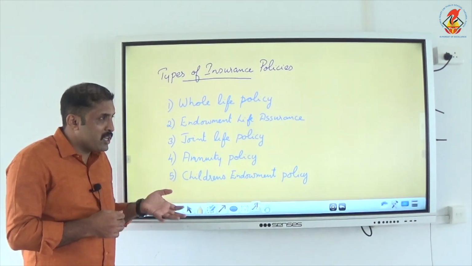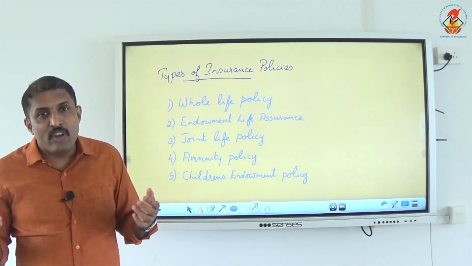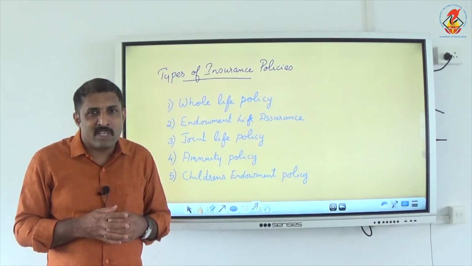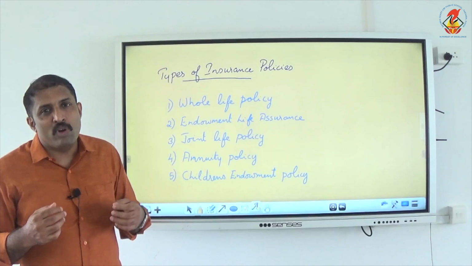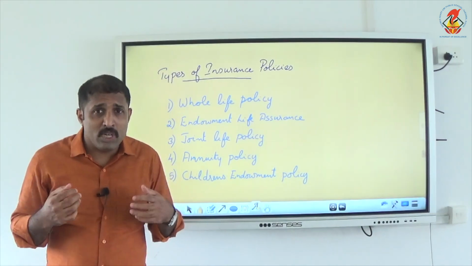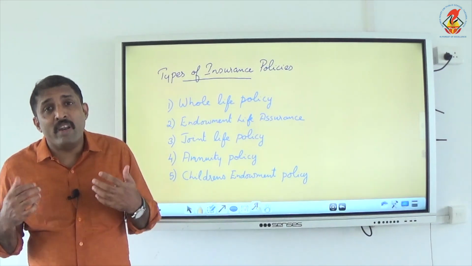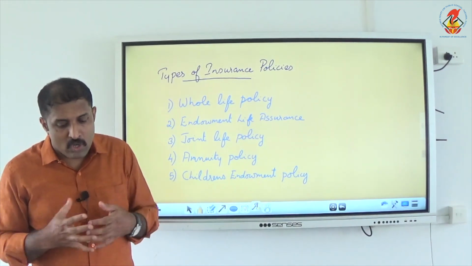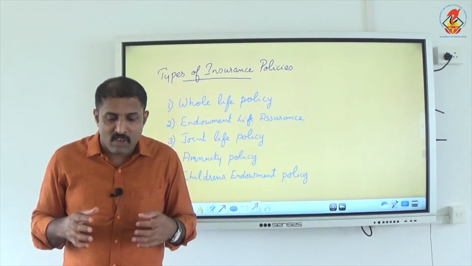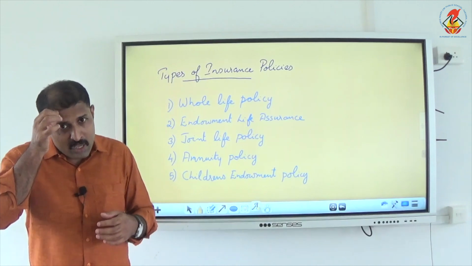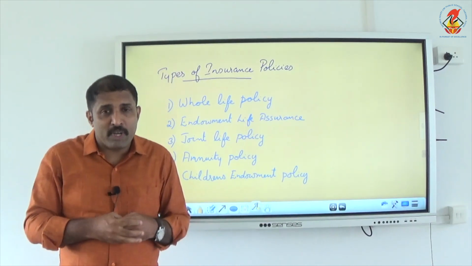And the last one is children's endowment policy. The name itself says it is a kind of insurance policy which helps the insured or assured to meet the expenses of education and marriage of children when he or she attains a particular age.